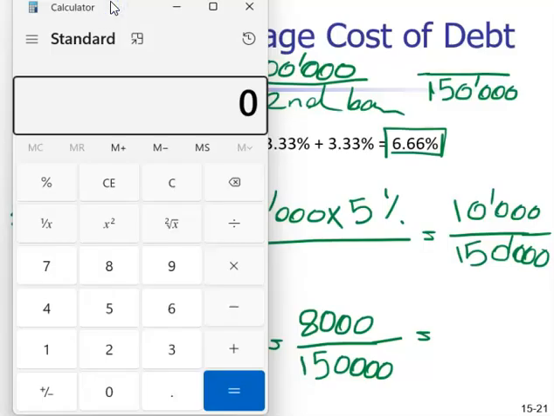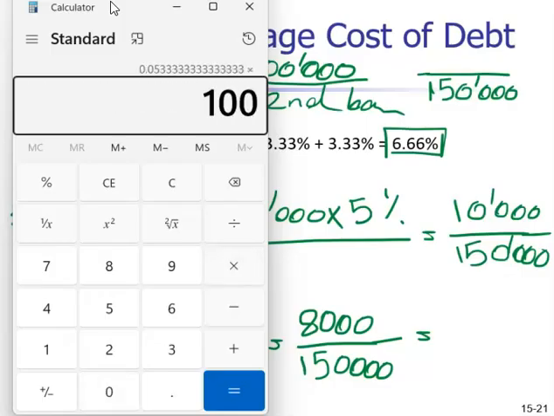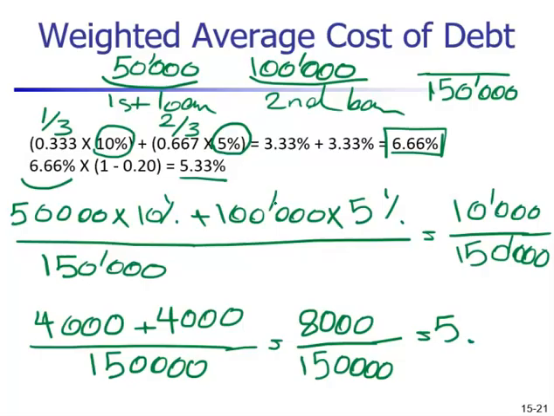And also, if you have used other ways and you come up with the same answer, those are also correct. So you see, we got the same answer. 5.33.